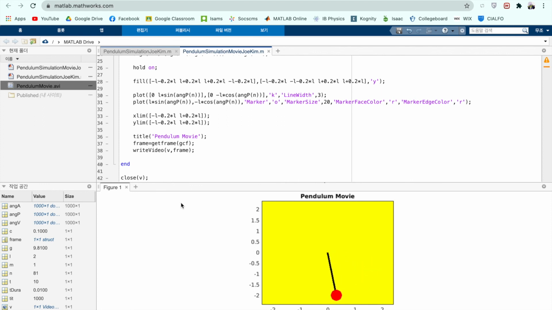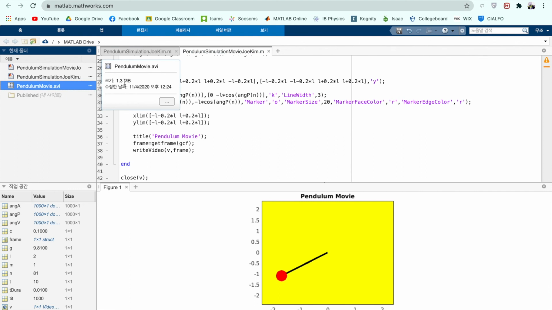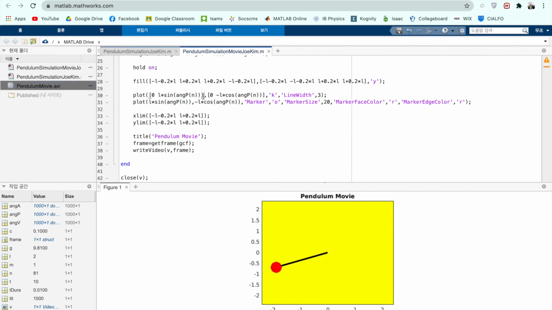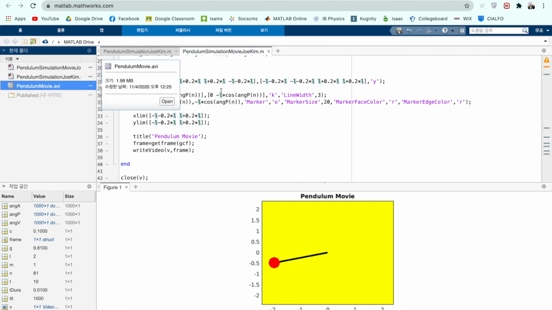And now I would have to leave this on for quite a long time, because as you can see here, when I press the AVI file, it's 1.3 megabytes now. And when I press it again, it's going to have increased. Now it doesn't let me touch it because the size keeps changing at 1.99.